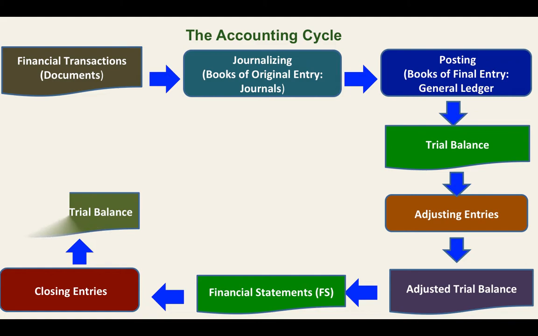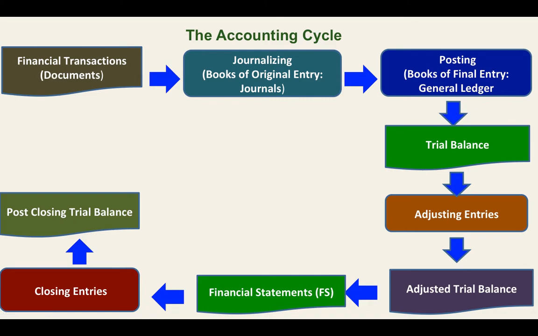Okay, and you have to prepare a post-closing trial balance to reflect your real and permanent accounts, because the nominal accounts will be on a per-year basis. So the accounts that will be carried forward in the next reporting period are only the real and permanent accounts.